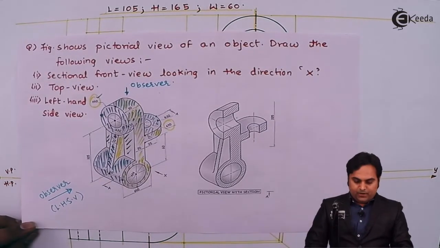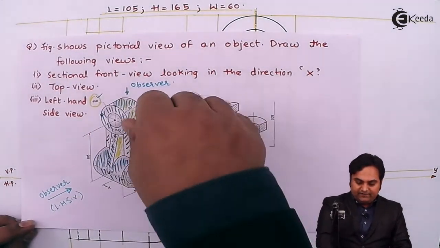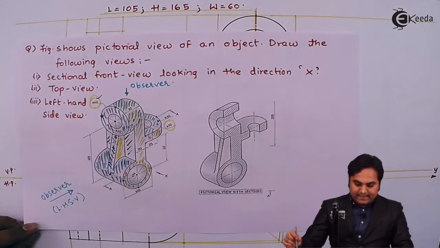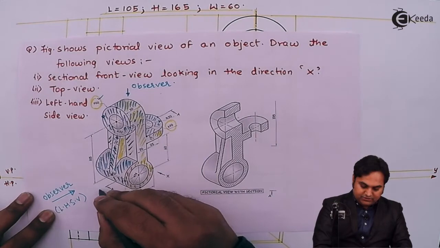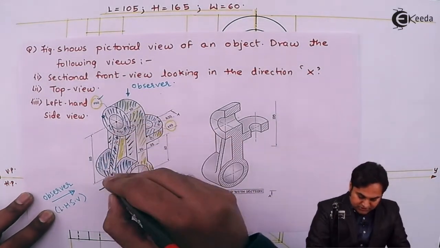So here, now for the sectional front view, I have to cut this object, and in the question they have given this cutting plane AA. I am just drawing it along the section.